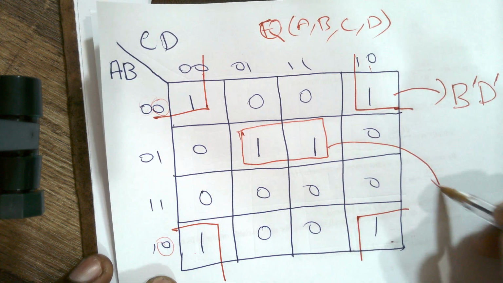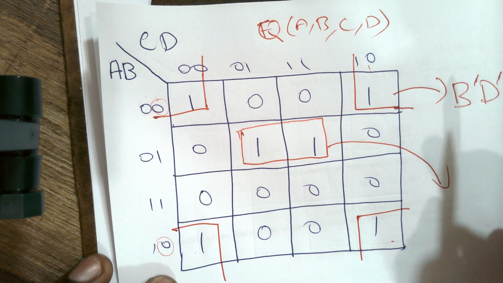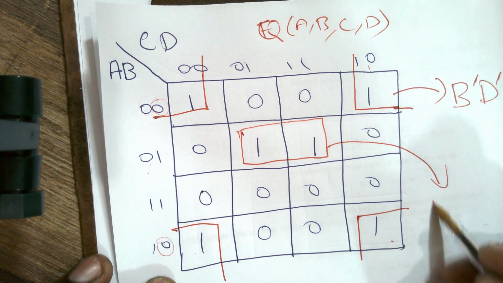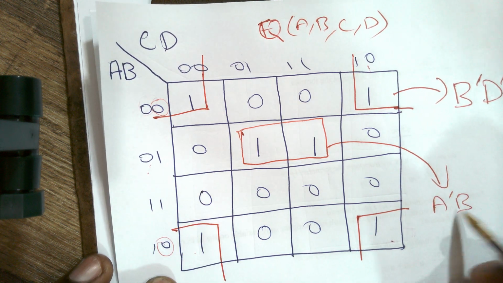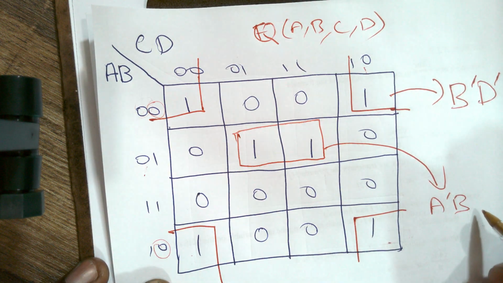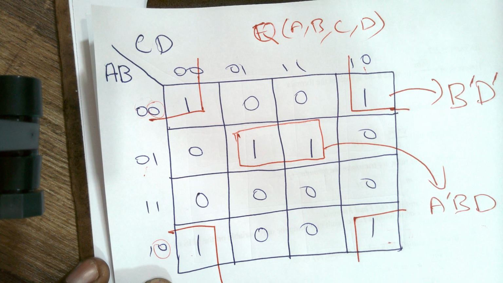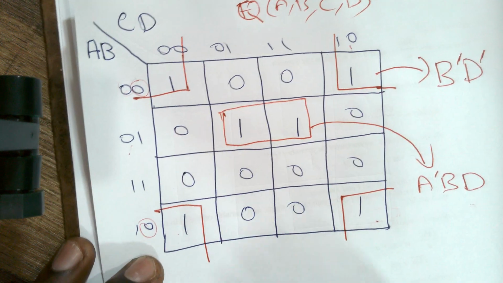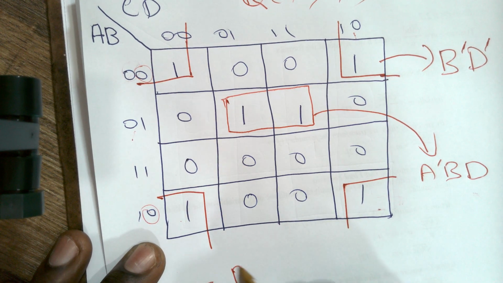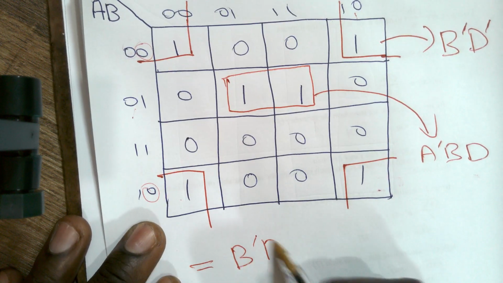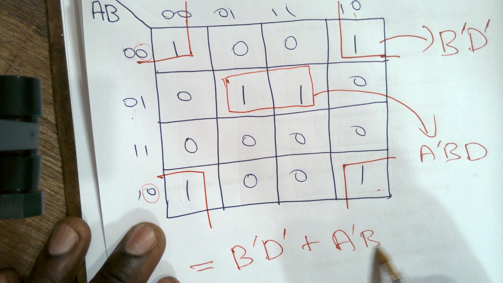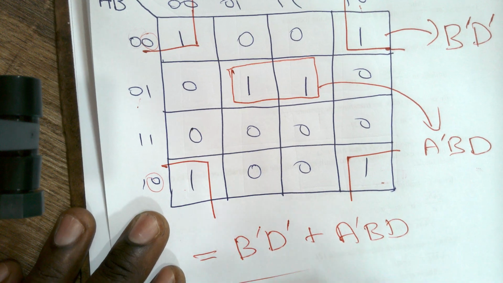What about this square or circle? Same thing. A prime, B, and what's common looking down? D. So the minimum sum of product expression is equal to B prime D prime plus A prime B D, and that's it.